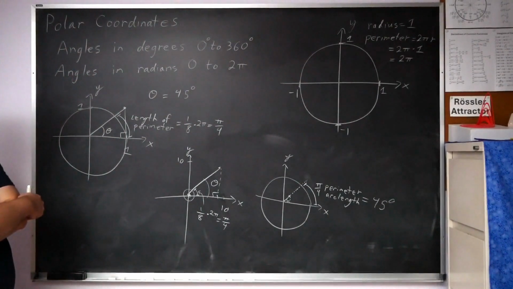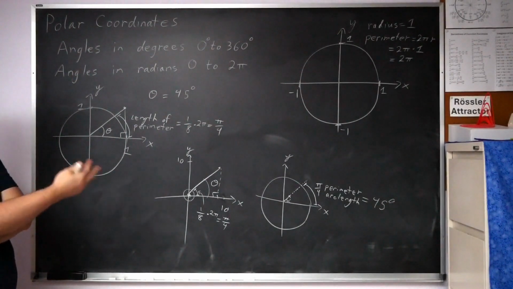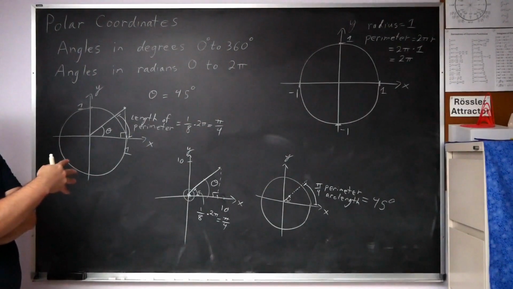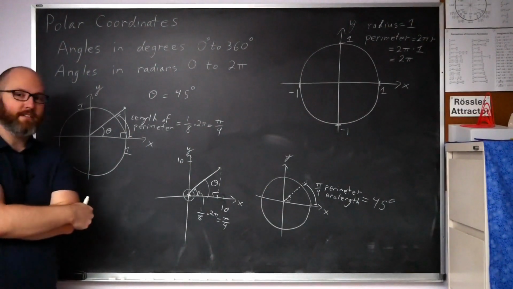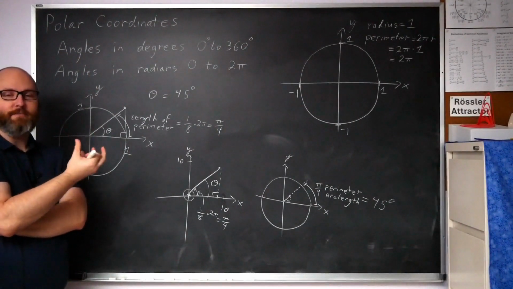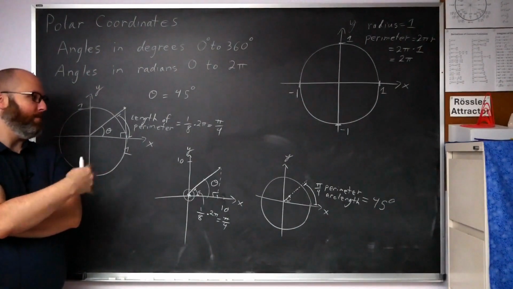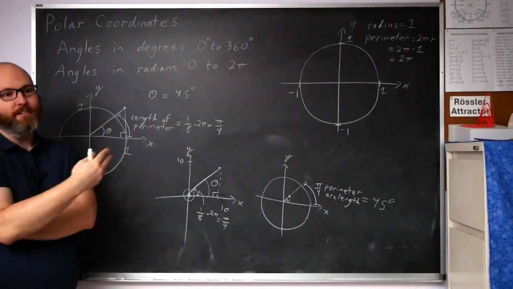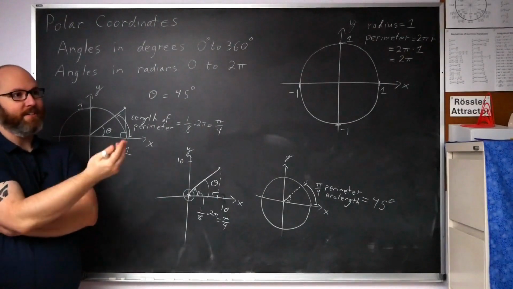And the reason for that, again, is that for certain parts of physics and math, you actually need to work with the actual length of something in order for the math to work out correctly, in particular calculus and, by extension, physics.